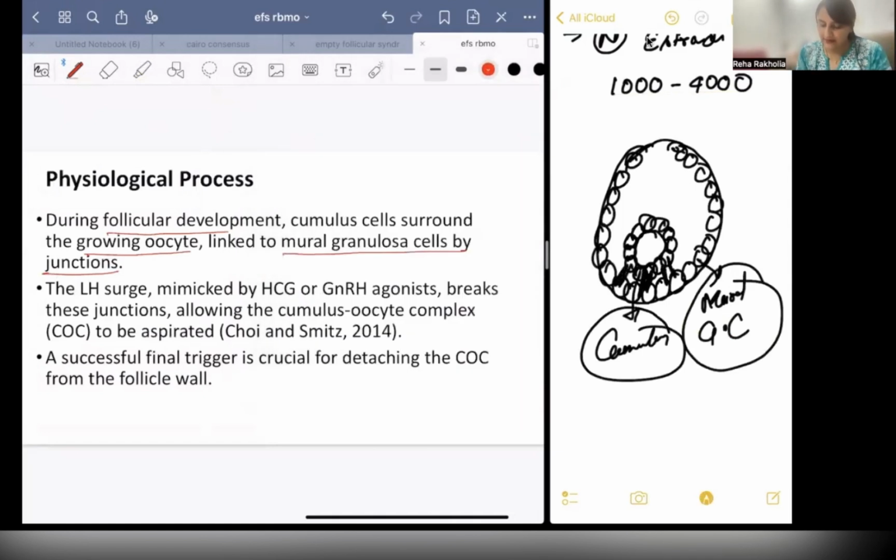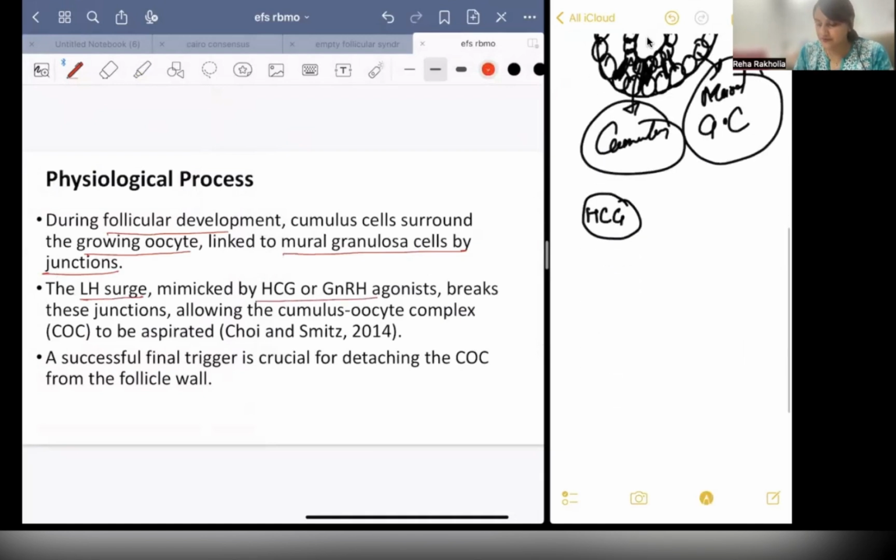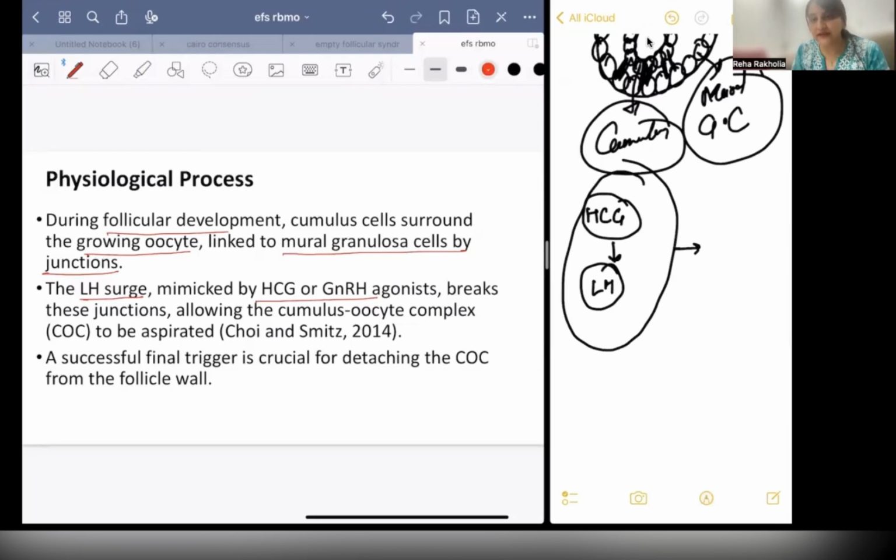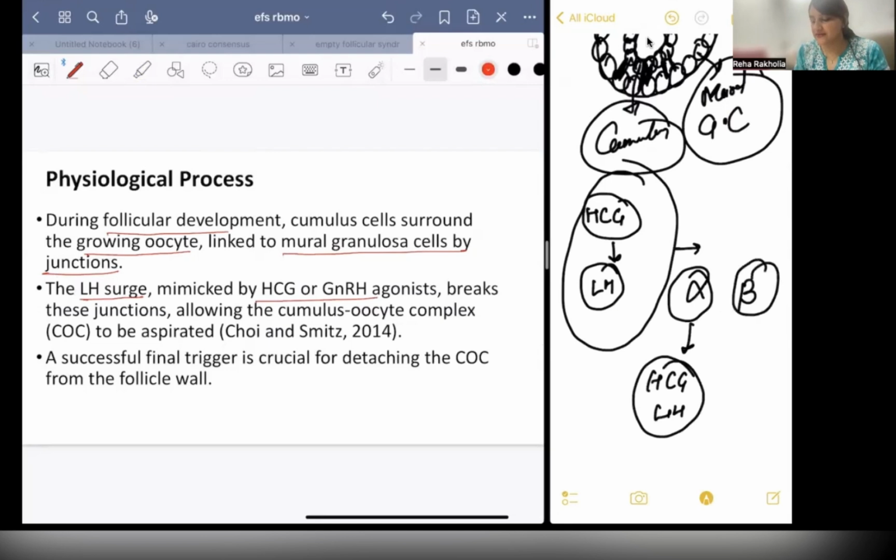The LH surge is mimicked by HCG, either we give an HCG trigger, which is a surrogate for LH. What does that mean? There are two units, alpha unit and beta unit. The alpha unit is identical in both HCG and LH, but the beta unit is different.